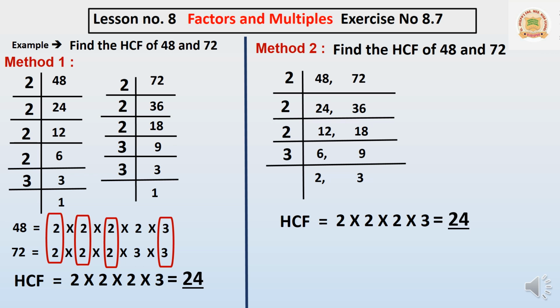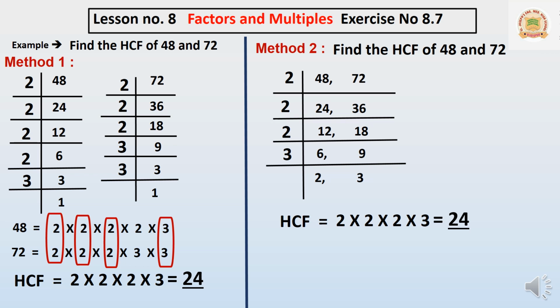Where we get prime numbers at the last, we have to stop. Sometimes we get it unequally, that's why it is not a popular method. Better we go for method number 1, children, that is, divide separately, find the factors, circle the common factors and write the HCF.